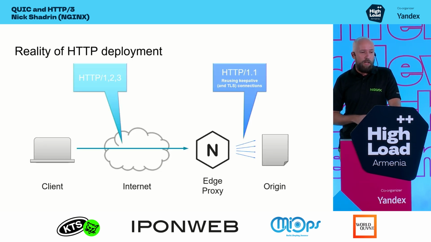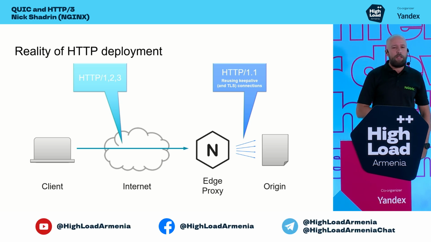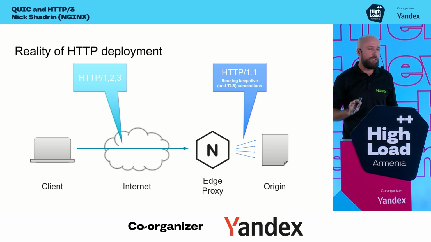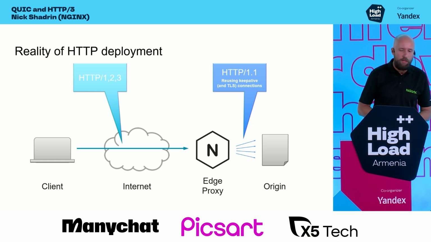Cool. Let's take a look at another interesting picture. In the front end of this diagram, we're looking at the support of HTTP1, HTTP2, HTTP3, and whatever other extensions you might be doing. The very front is where you're connecting to something like NGINX or other servers.